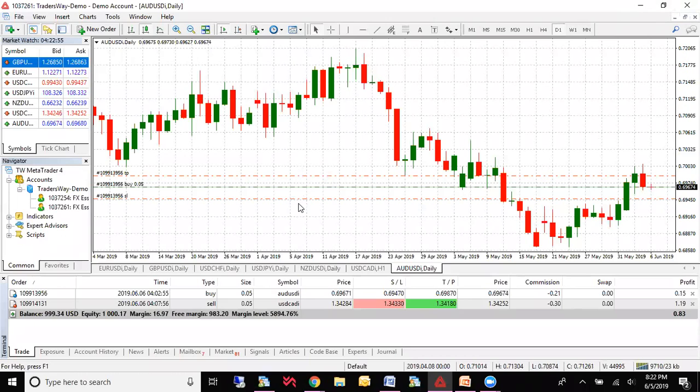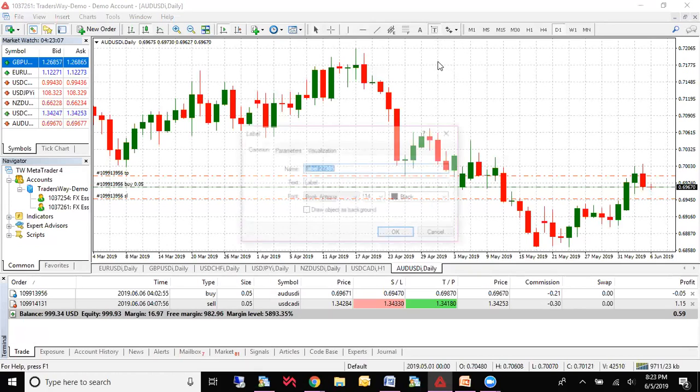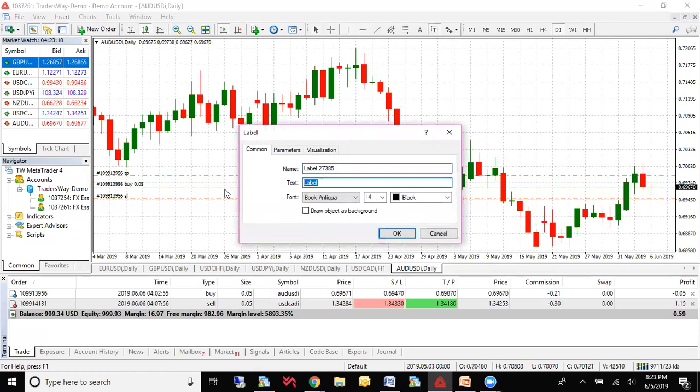Once we have our trade lines set up, that is when we go through the process of labeling our charts. First thing first, we label our charts with our name, our currency pair, and whatever other directions it says. It might say the date, it might say which time frame.